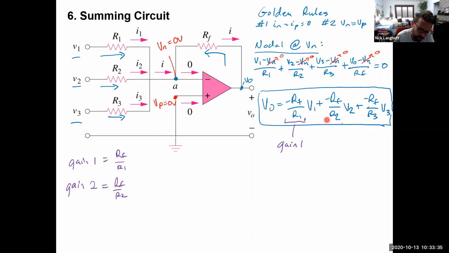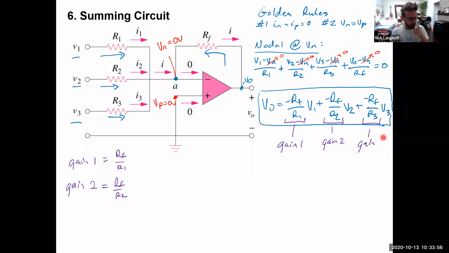That's this term here. RF over R3 is the gain for that term. You'll notice that they are also all inverting signals. So inverting gain, so the output is always inverted from any one of those signals.